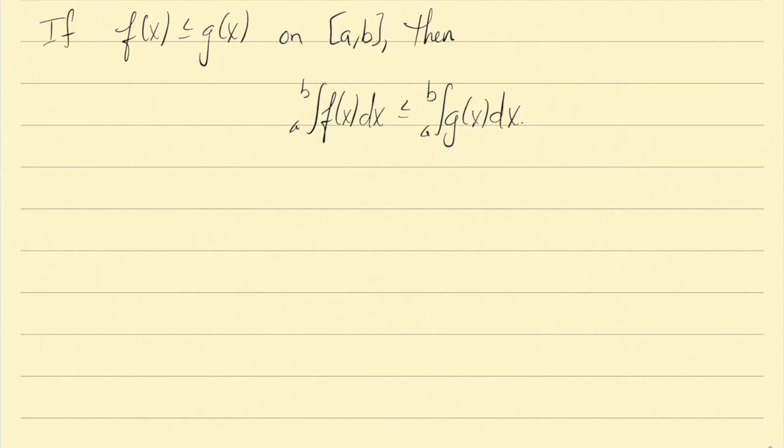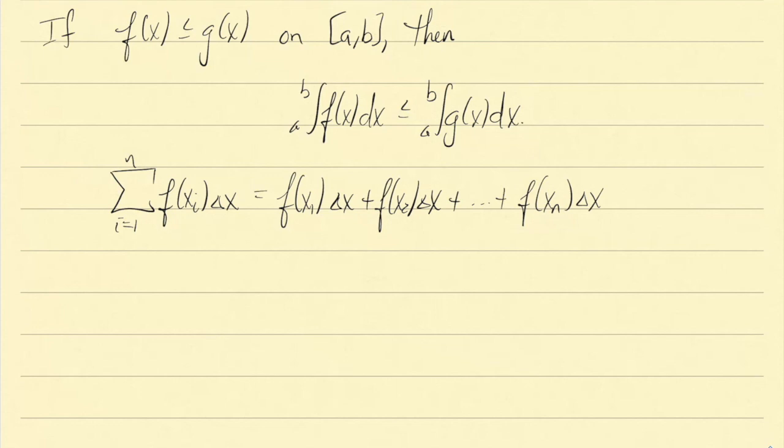In general, you can see this from the Riemann sum. Since each of the points x1 through xn lie on the interval from a to b, we can replace f of xi for each i between 1 and n by g of xi.